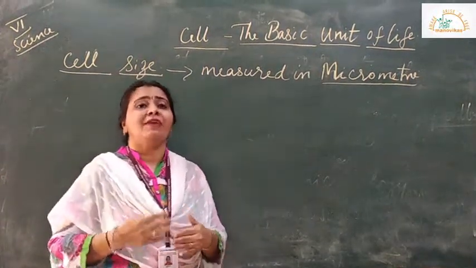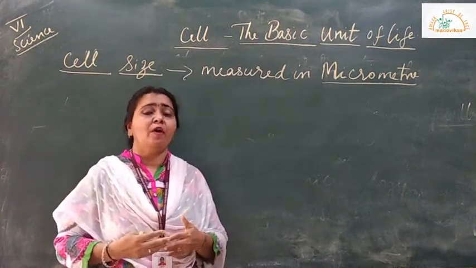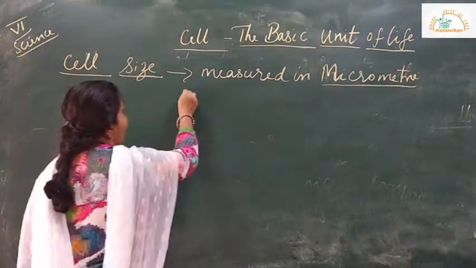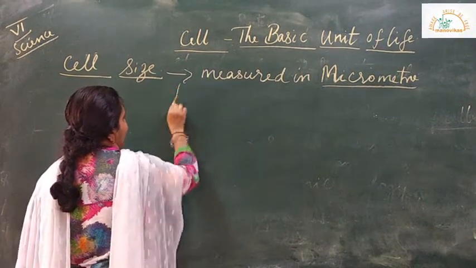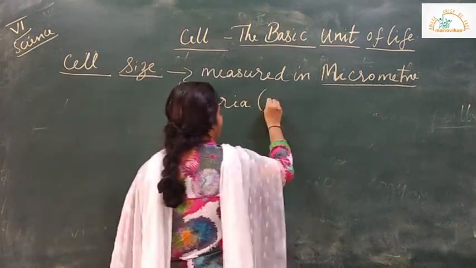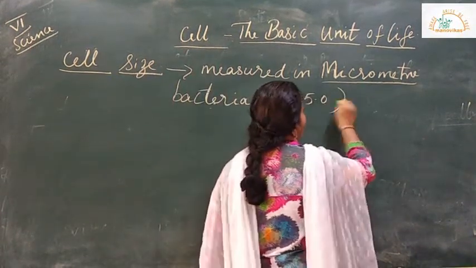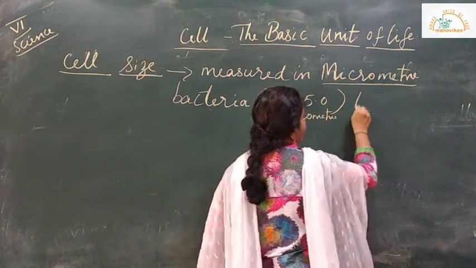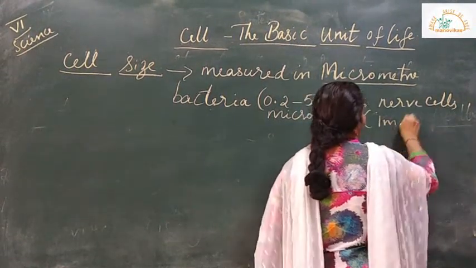The size of a cell usually varies, from small cells of bacteria to large nerve cells. The size of the small cell, that is bacteria, is about 0.2 to 5.0 micrometer, up to nerve cells which are about 1 meter long.